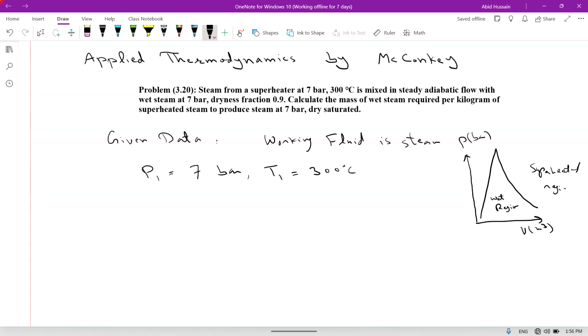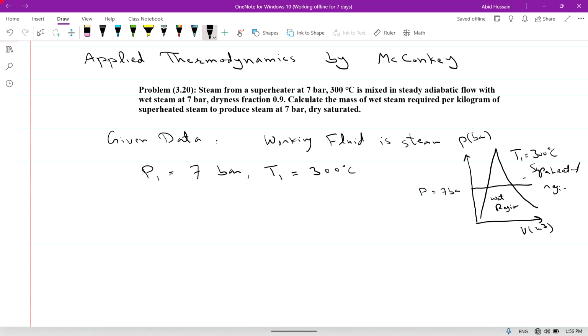So here this is pressure P equal to 7 bar, and temperature T1 is equal to 300 degrees centigrade, in the superheated region.